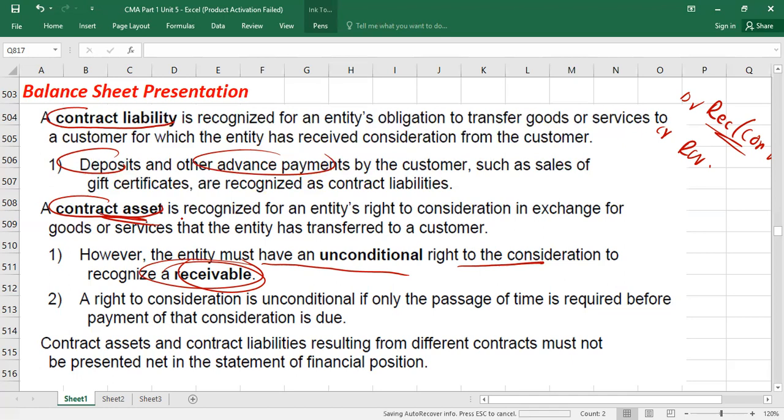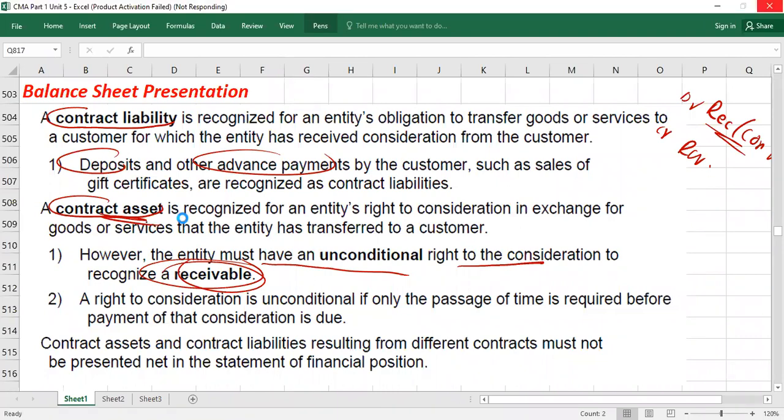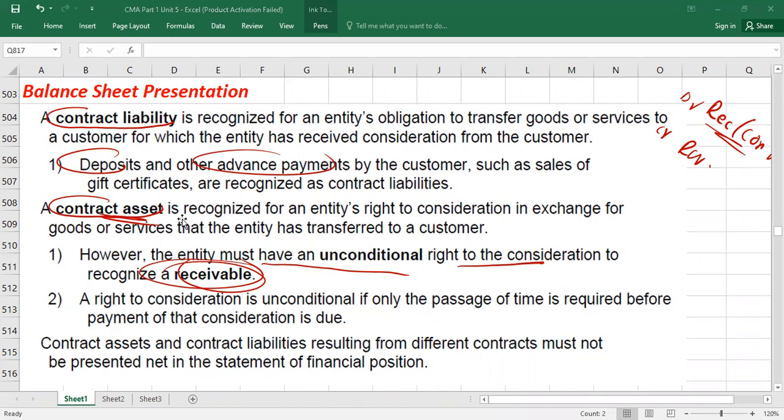Unless I deliver the second machine, I cannot book the receivable now because a condition is attached. Whenever a condition is attached, we will debit the contract asset, not the receivable. You got my point? Seller has delivered the goods, but for payment a condition is attached. Maybe the seller has to deliver more goods. Then I will debit the contract asset.